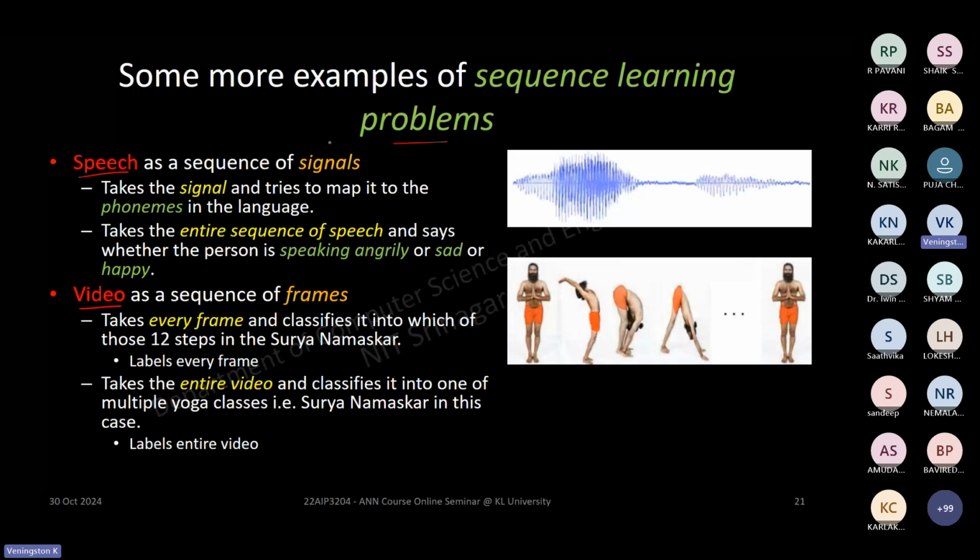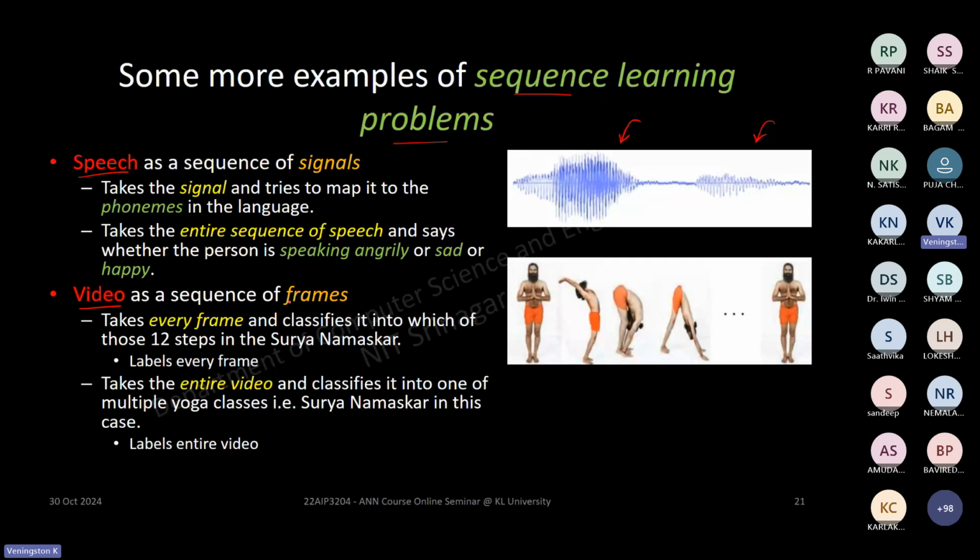From the speech domain, yes, let's say you wanted to find out the sentiment of the speech. Speech is a signal which has sequence in it, and now you wanted to assign a sentiment, whether to say that the person is angrily speaking or sadly speaking or happily speaking and so forth.